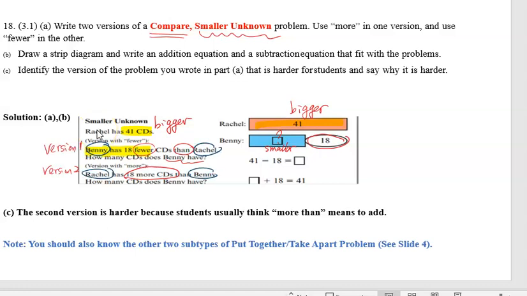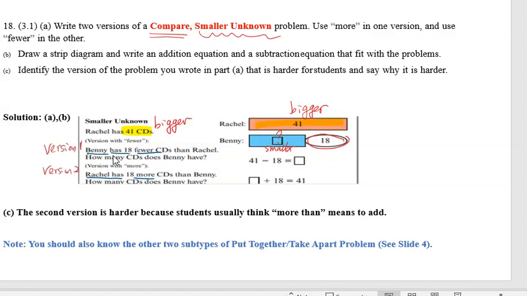Of course, when you switch Benny and Rachel, you have to change fewer to more, because if Benny has fewer, then Rachel has more. These two versions really mean exactly the same thing. Whether Benny has fewer or Rachel has more, it's exactly the same.